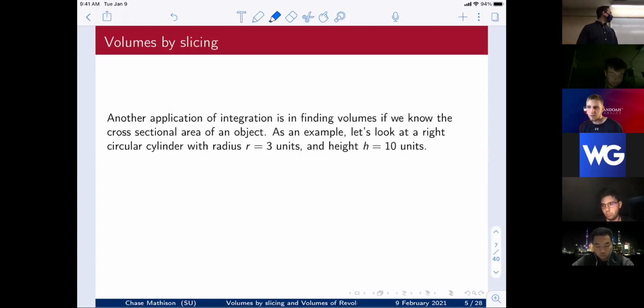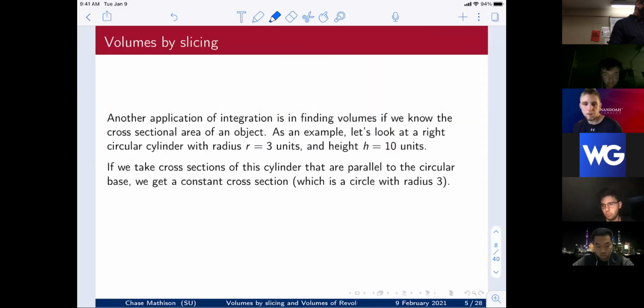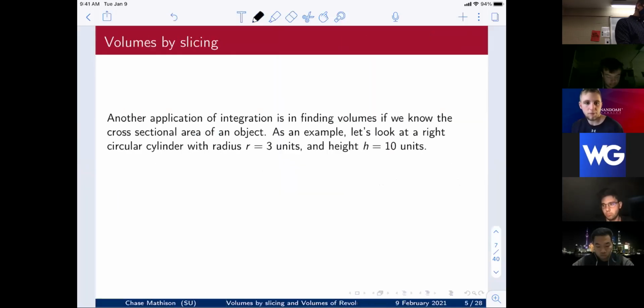Okay, so let's look at a very easy one, very similar to the coffee cup. Let's look at finding the volume of a right circular cylinder with a radius r equals 3 and a height of 10. A right circular cylinder, if anyone doesn't know, is a shape that looks like a Coke can, or a cola can, rather.